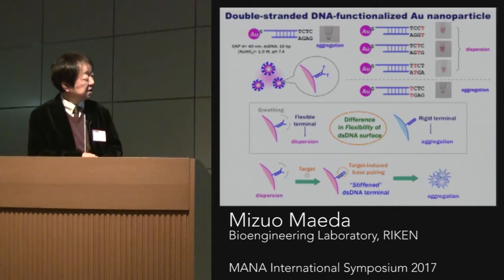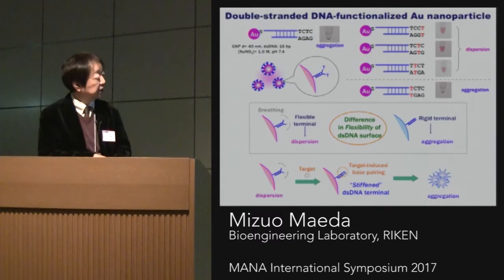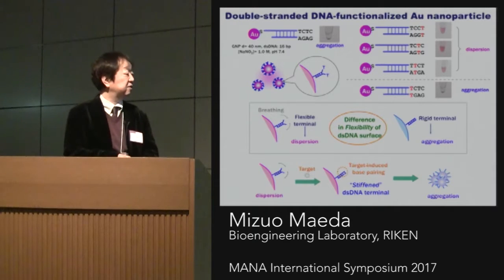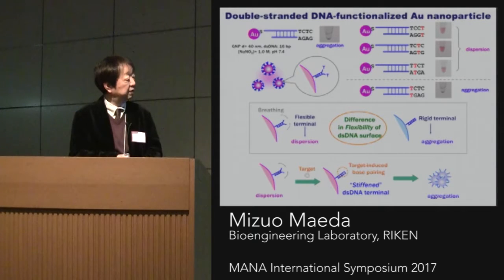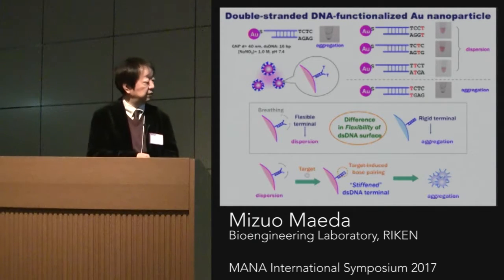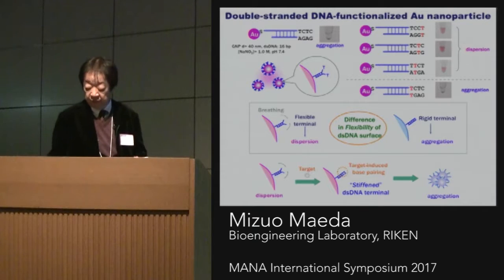So the idea is, if you change the stiffness of the terminus by using some target, or by using target-induced base pairing to stiffen the double-stranded DNA terminus, then aggregation should take place.